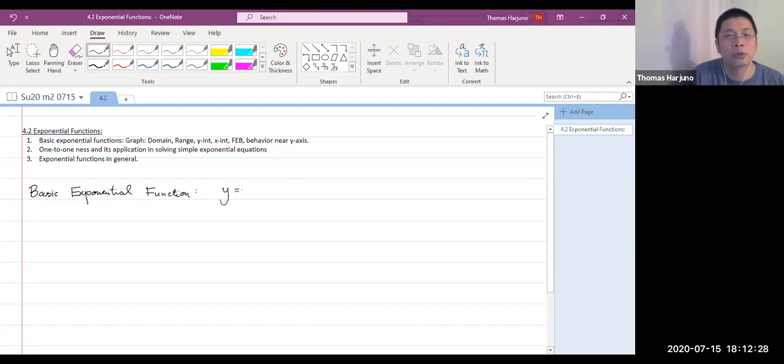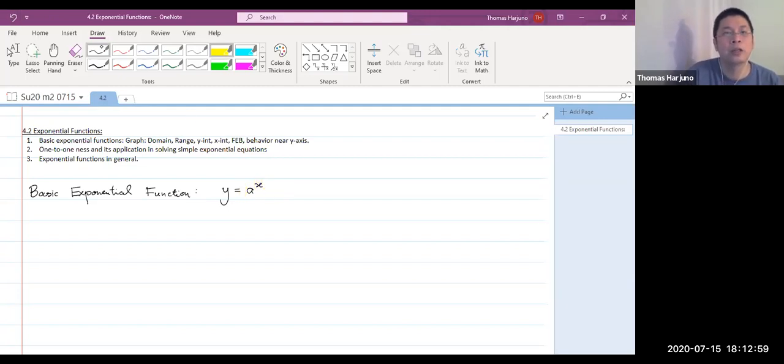Y equals A to the X. Our textbook uses A for the base, though I usually use B. No coefficient at the front, no plus or minus, no variation on the top there. Just a number to the X, that's it.